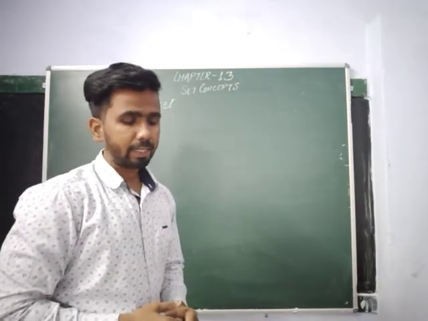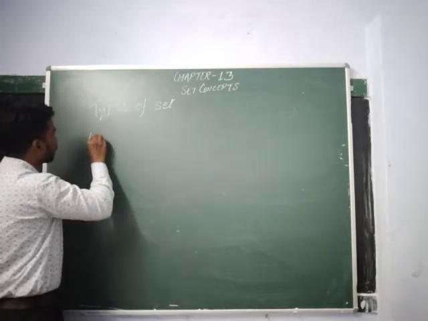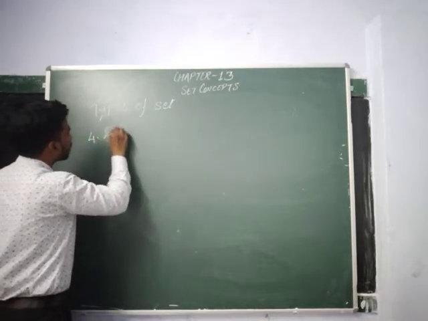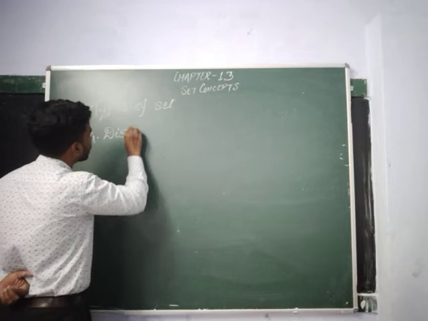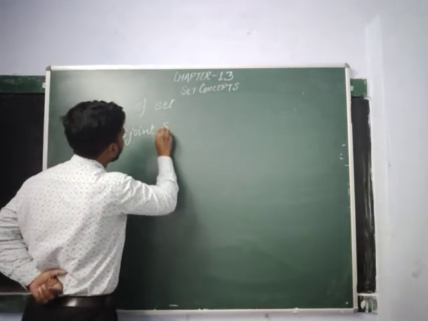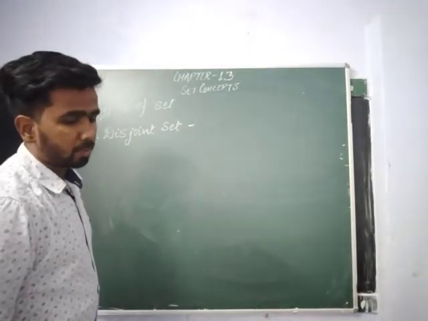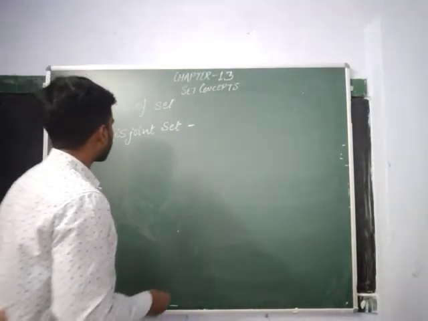Now our next kind of set is a disjoint set. Now let us see what is the meaning of disjoint sets.